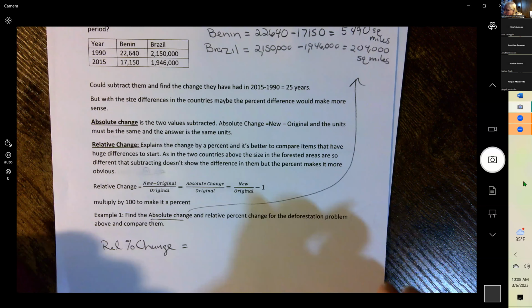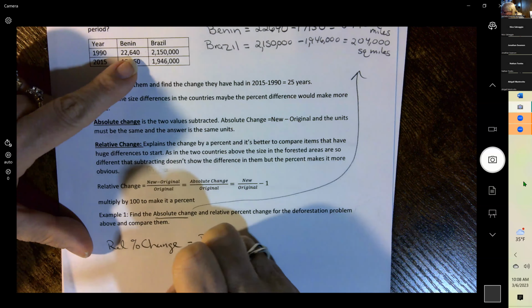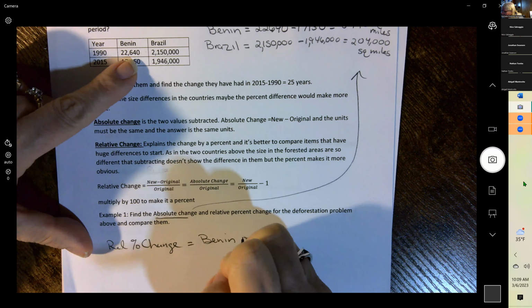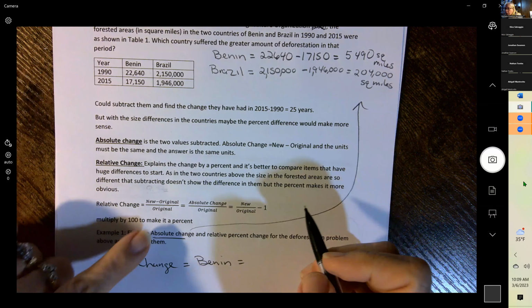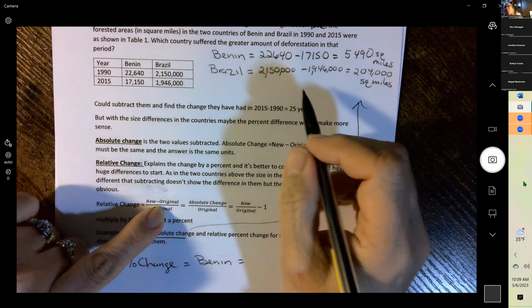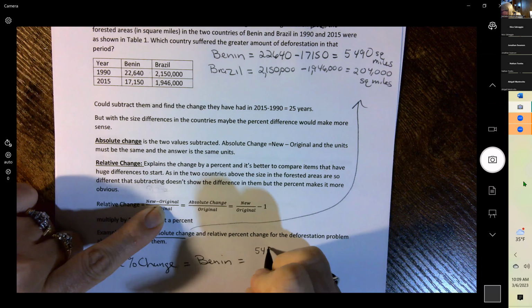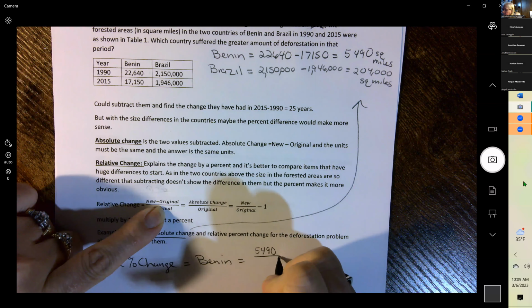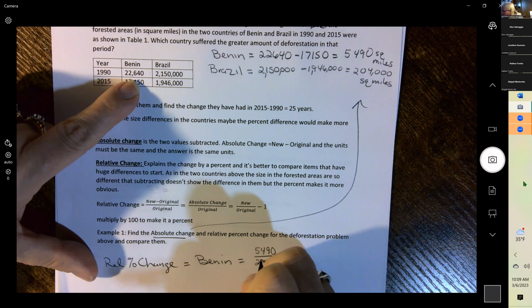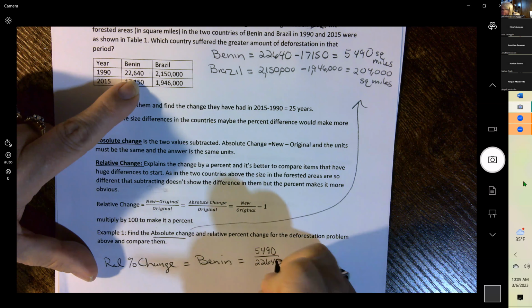So if we look at Benin, new minus original was 5,490, divided by the original, which is the 22,640. Wait, I subtracted it.